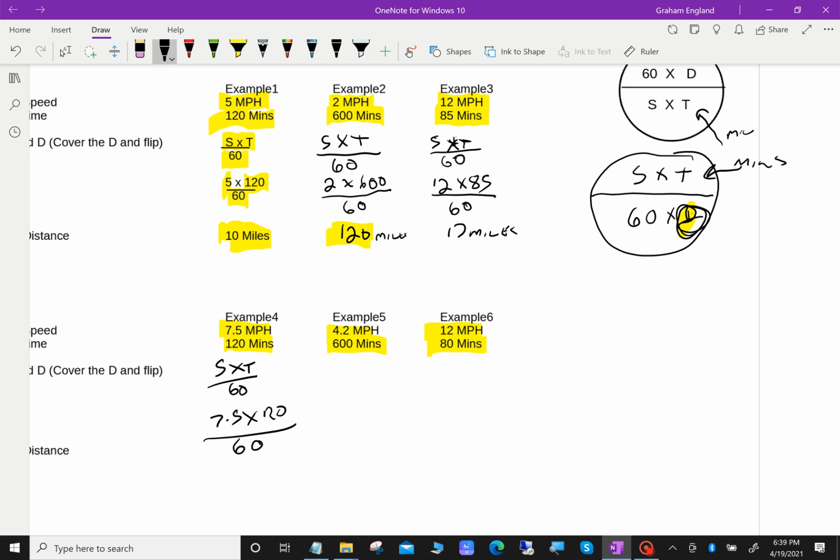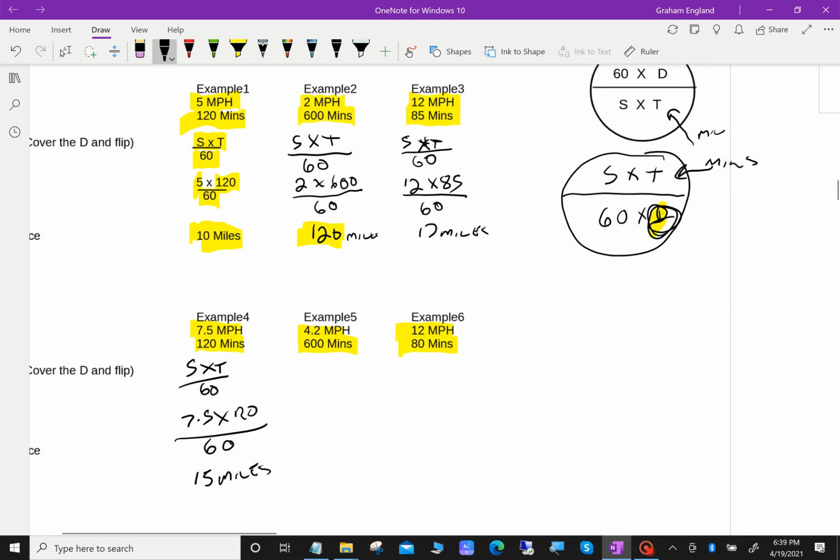So 7.5 times 120 divided by 60 is equal to 15 miles.